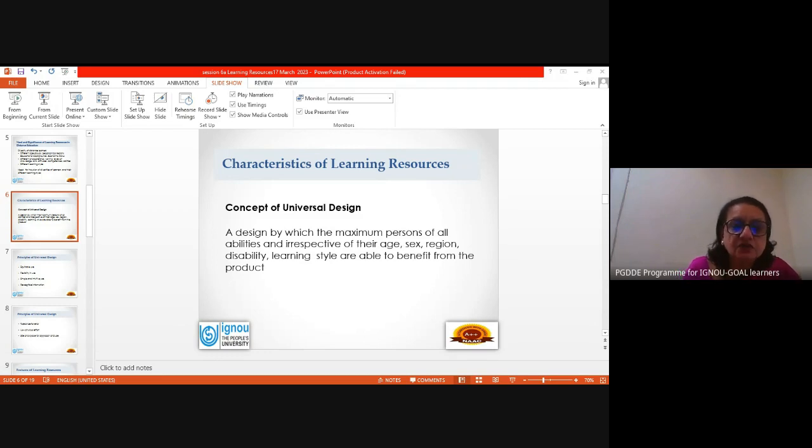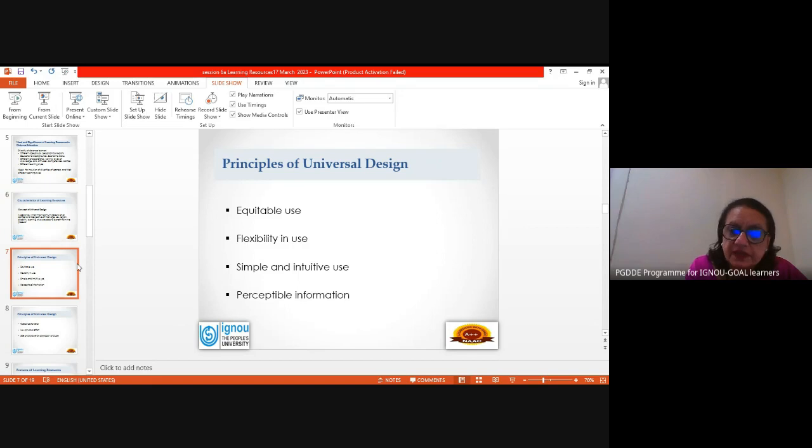And that is what universal design is all about. This universal design has some principles. These principles basically are that there should be, as I said, equitable use, that people of all abilities should be able to make use of that design.